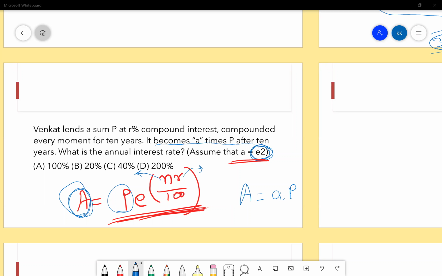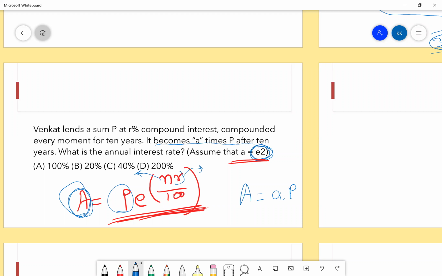Anybody who wants me to explain this? Yes, the answer is right. Perfect. Kesri, I have one doubt. See, in the question, we are saying it is compounding at a rate of R% every moment. And then he's asking in the last part, what is the annual interest rate? So annual, again, it becomes 365 days, right? So there's a mismatch.